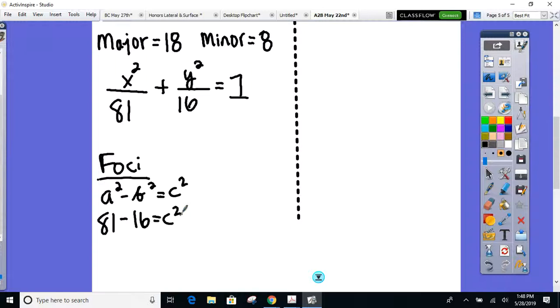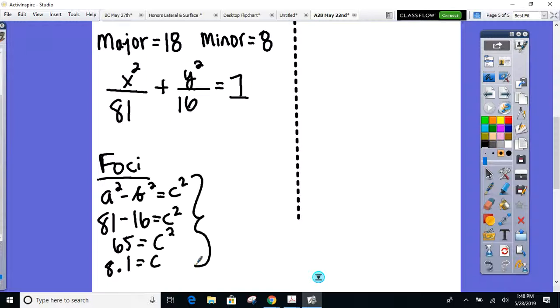What was that to the nearest tenth? Square root of 65. 8.1. Okay.